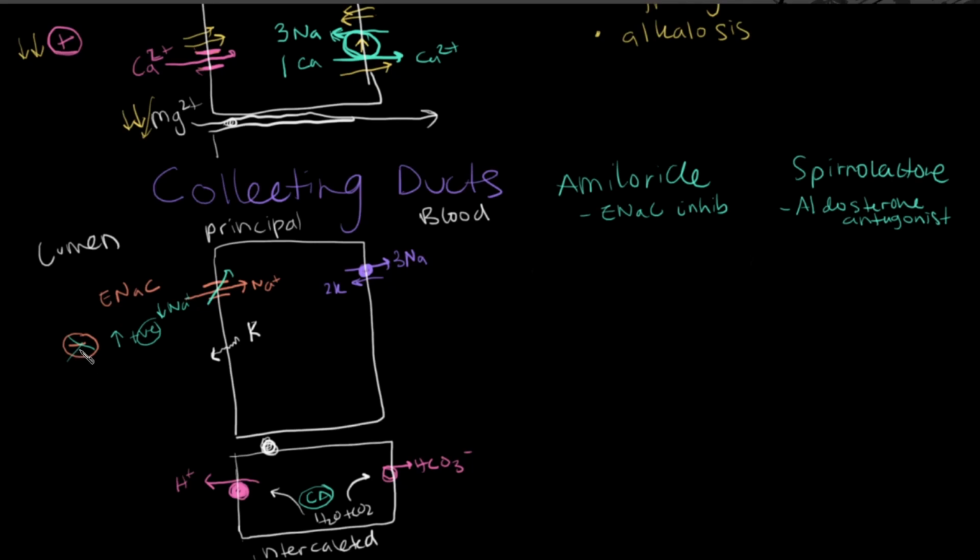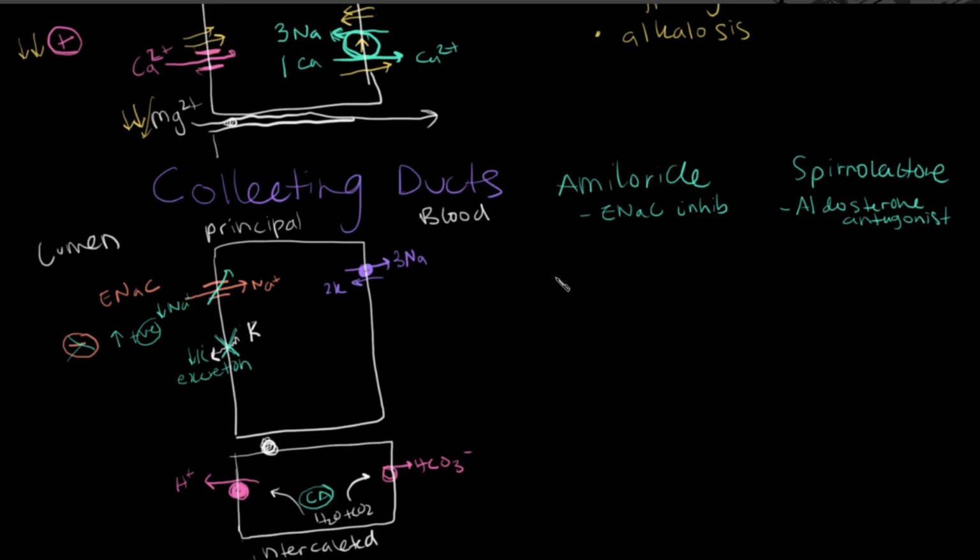And if you remember, it's this negative charge that actually helps to have these potassium ions leak out from within the cell. So what happens is this apical leak of potassium is decreased, which causes decreased potassium excretion.